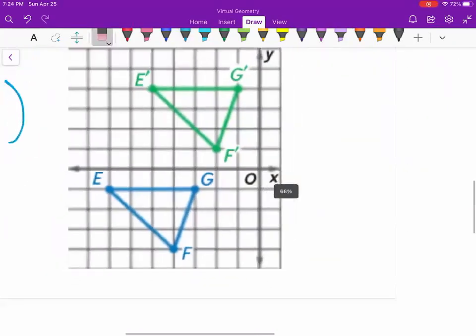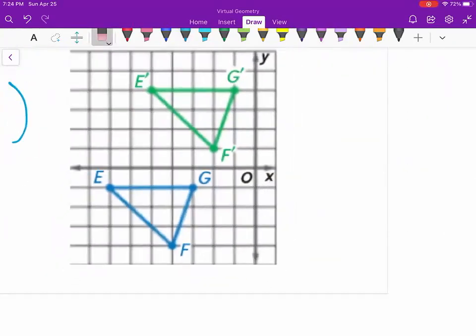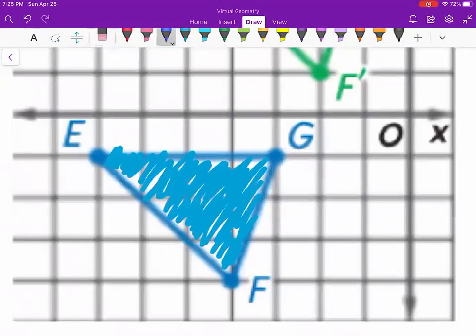Let's go count. Remember, the apostrophes, the primes, is the new shape. So if I'm looking at my EFG here at the bottom, there are no apostrophes to any of these points. So this is my old shape. All right, that is the old one.